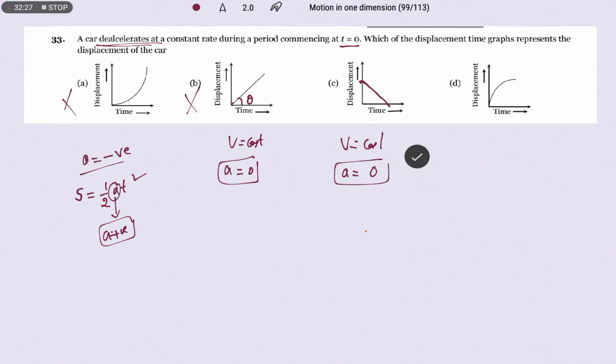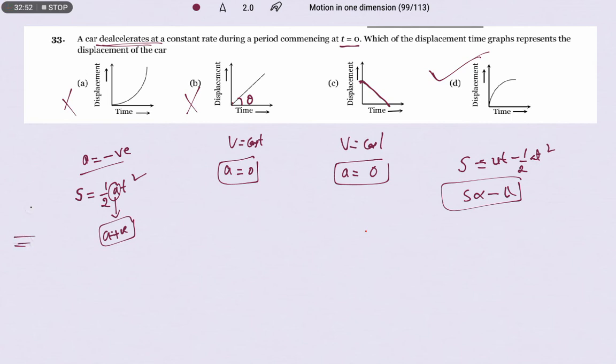The final one will be bending downwards. If the graph is bending downwards, we have ut minus half a t square. We need the inverse of the parabola, so the inverse of the parabola will be like this. So s is directly proportional to minus a. So this is our required graph.